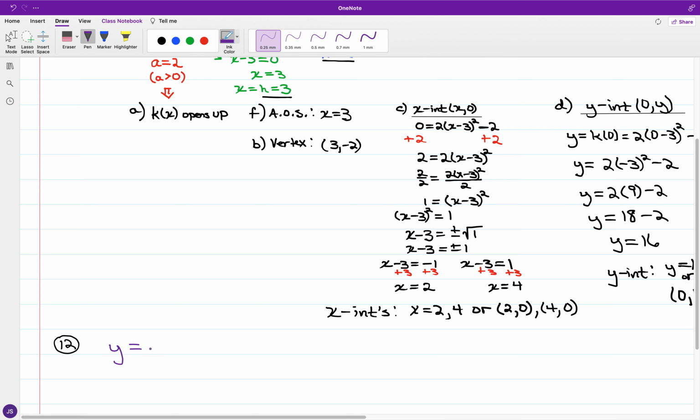So we're going from f of x to k of x to r of x, lining up proportionally. So we have r of x in number 12, given as 1/2 the square of x plus 2.